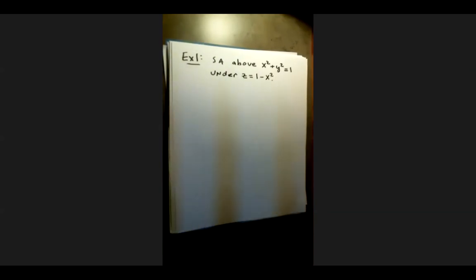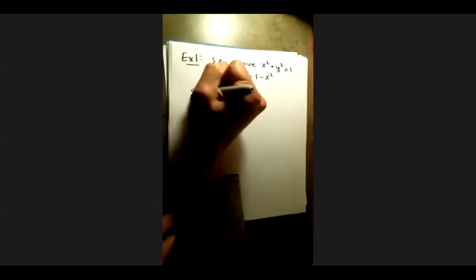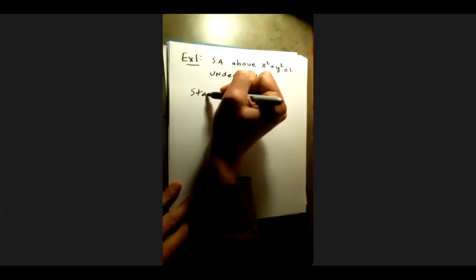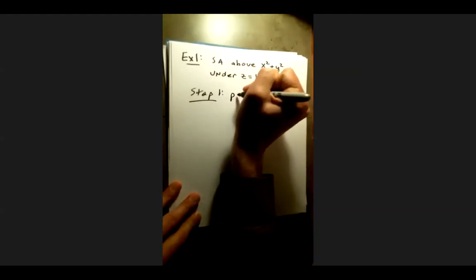All right. So we want to find the surface area above x squared plus y squared equals 1 and under z equals 1 minus x squared. So our first step is to parameterize.